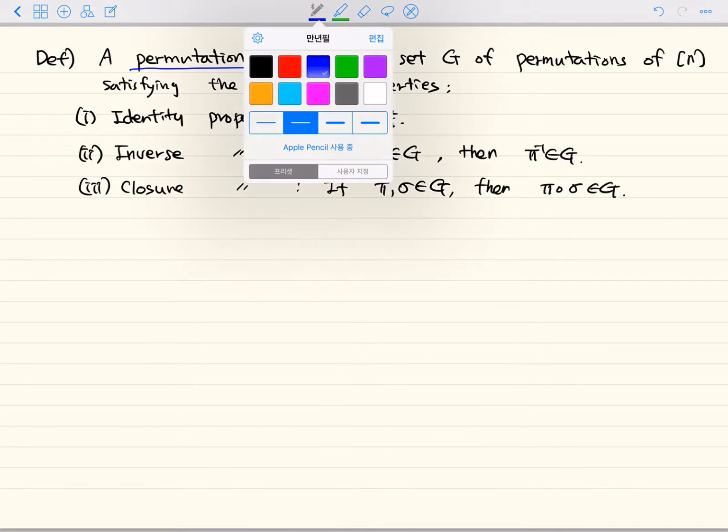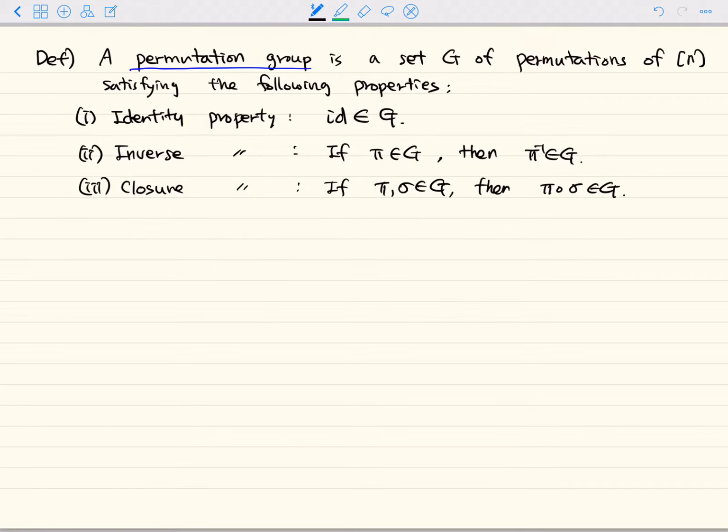Permutation group. All right. There are many interesting permutation groups, and one of the simplest but also very important is the group of all permutations of n, which is called the symmetric group.